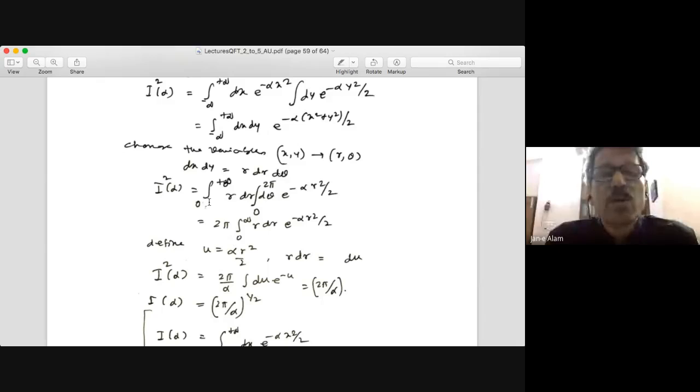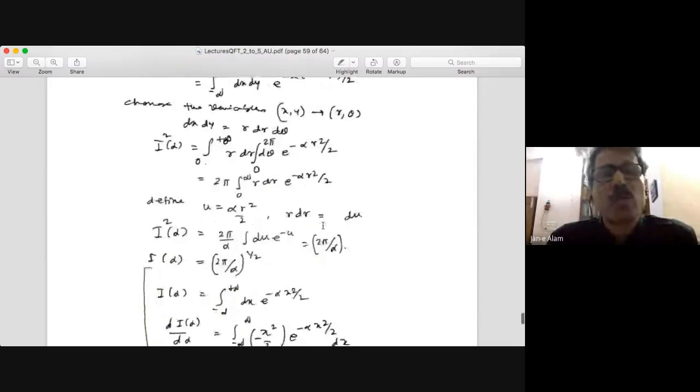The limit of r will be from 0 to infinity, and the limit of theta will be from 0 to 2 pi, e to the minus alpha r square by 2, because x square plus y square is r square. And note that there is no theta dependence. That is one advantage. So you have to do now only one integration, right? So d theta gives a 2 pi, and you have to do r dr e to the minus alpha r square by 2. Very simple, this integration you can do.